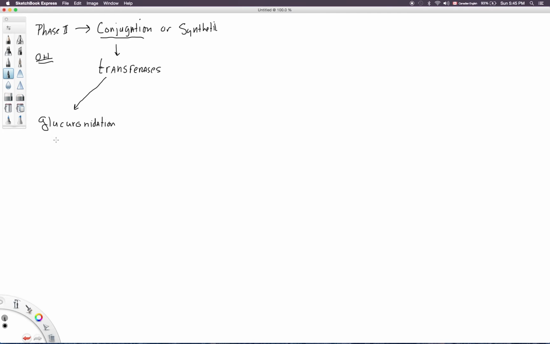There is an acidic modification that occurs to that functional group that we'll talk about. But in essence, you're adding a modified glucose molecule to the xenobiotic.